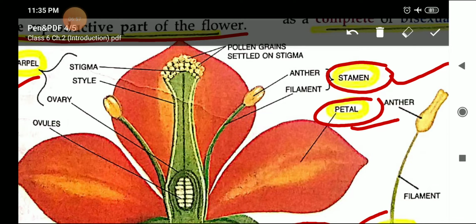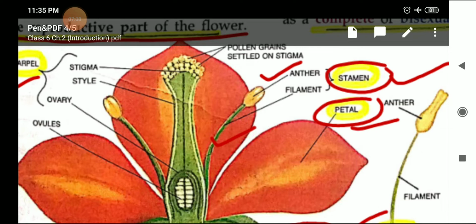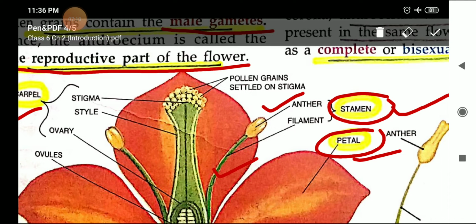And each stamen has a stalk known as filament and the tip known as anther. And these anthers contain pollen grains, the yellow powdery material called pollen grains. So this is the third whorl. Now let us discuss the fourth part of the flower.